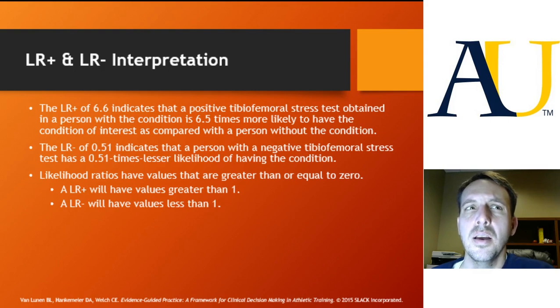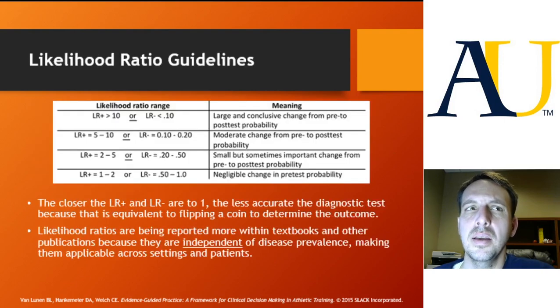We consider a positive likelihood ratio of greater than 1 and a negative likelihood ratio of less than 1, with 1 being basically absolutely no good. We can classify these according to their strength.